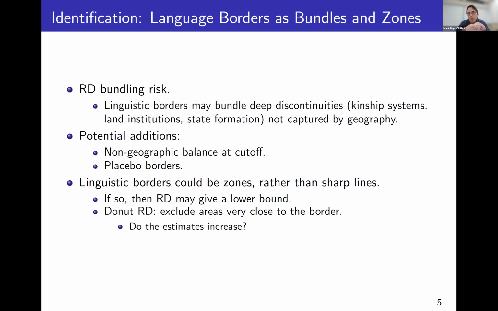One way to handle that would be to use a donut RD, so basically exclude the areas very close to the border. But I'm not sure if that's exactly possible because maybe the districts, where people live or where they come from based on their district, are too large. But if it is possible, that would be one way of checking this. And then you may expect the estimate to actually increase in absolute size.